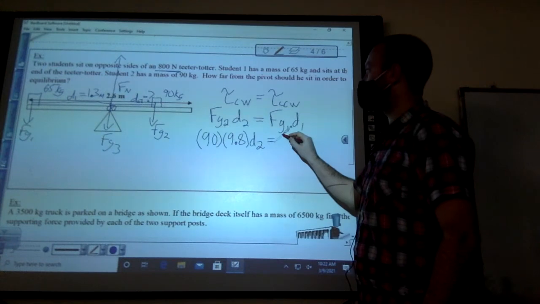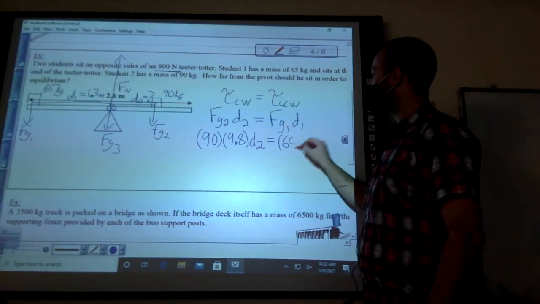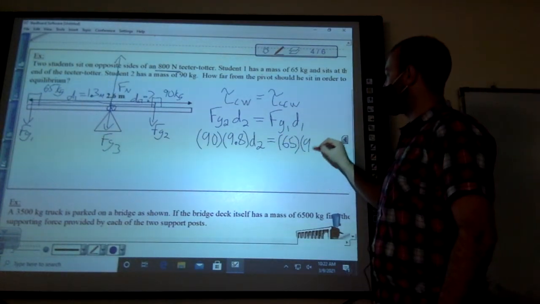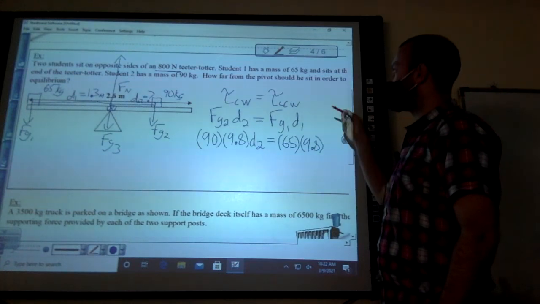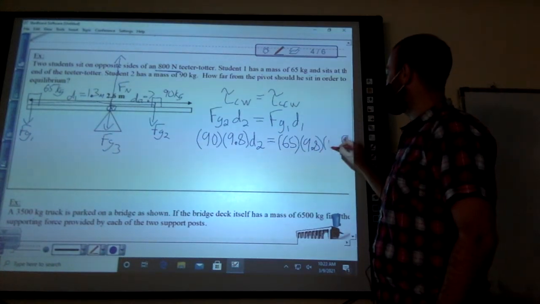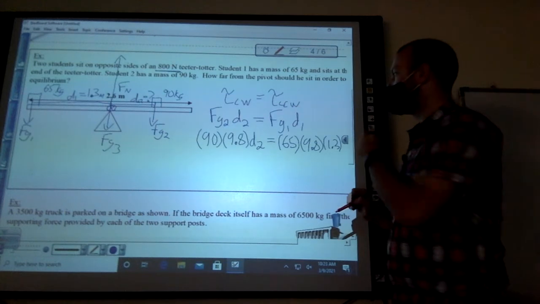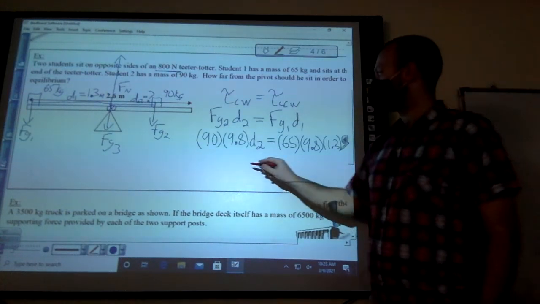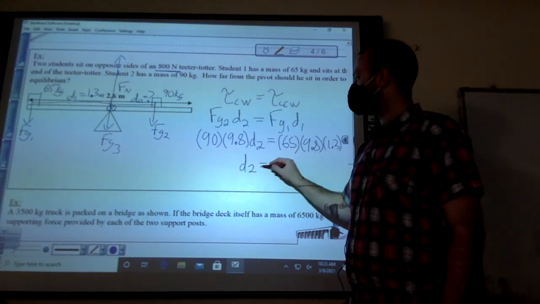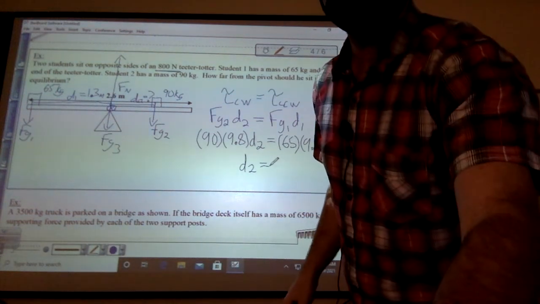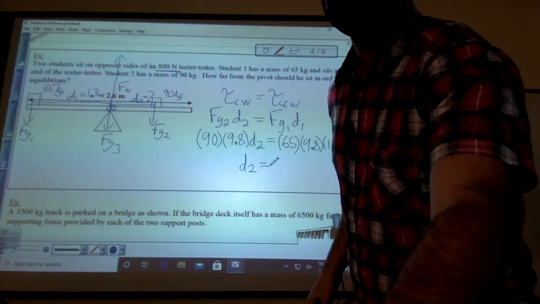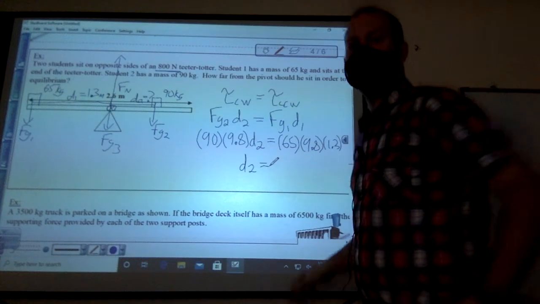But yes, you're absolutely right. So 65 times 9.8 times D1, which we said is 1.3. Solve for D2. You should be able to do this no problem. 0.94.